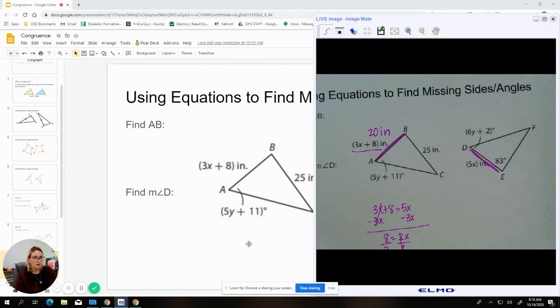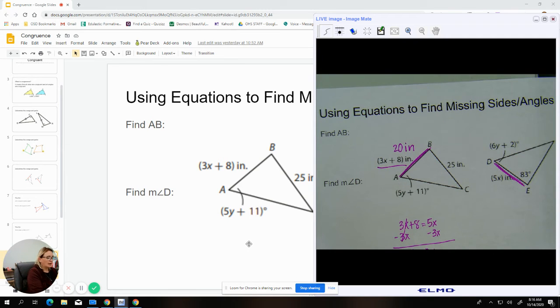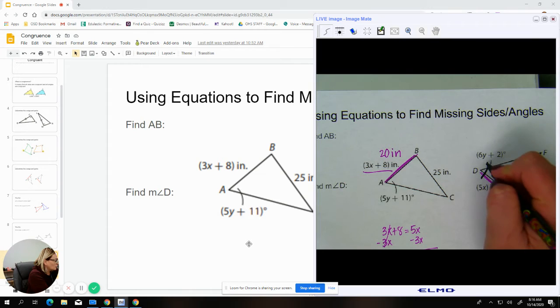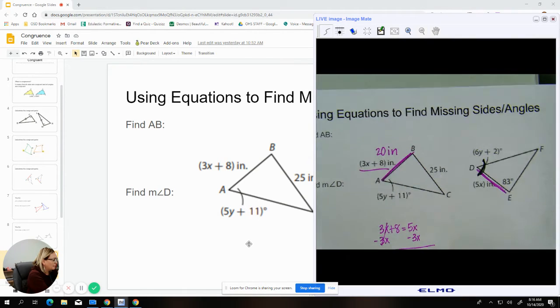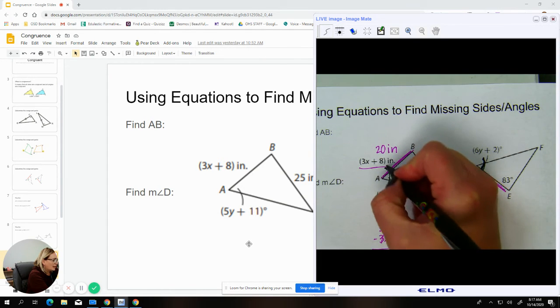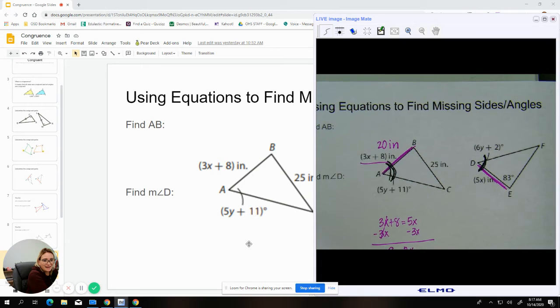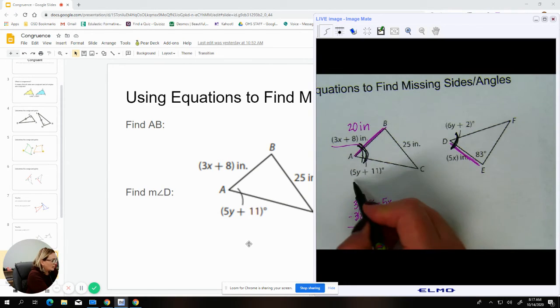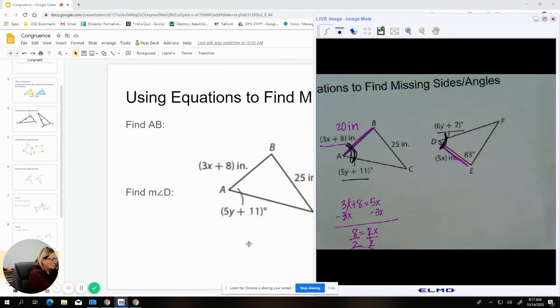Okay, so we're going to do something similar now to find angle D. So again, we need to determine what angle on this side is going to be equal to D. So you should recognize that it is A. Okay, angle A is the same as angle D. So we are going to set these equal to each other.